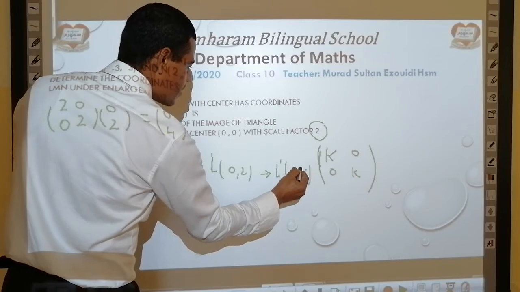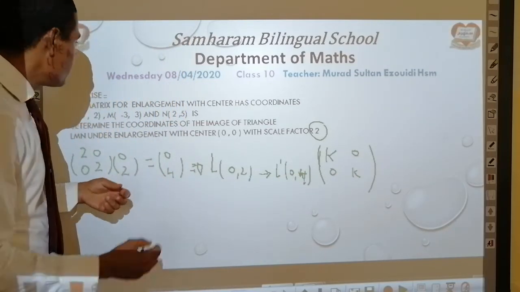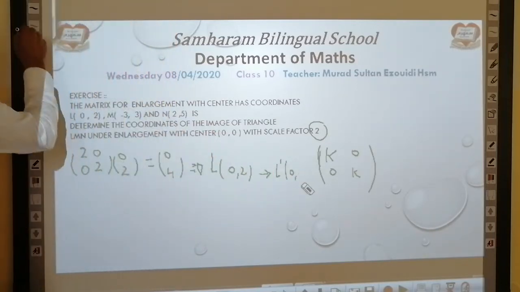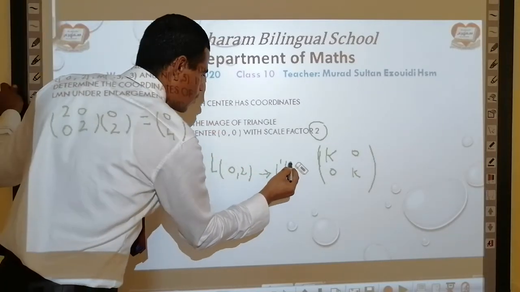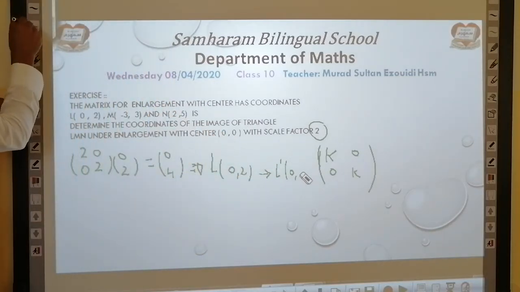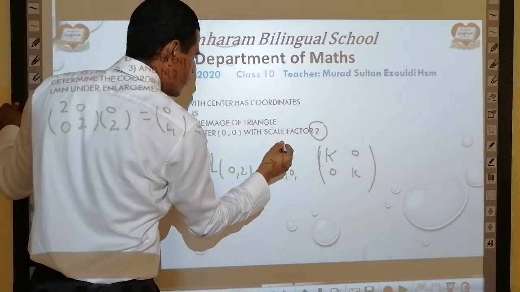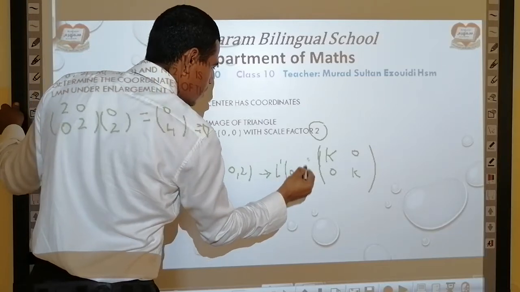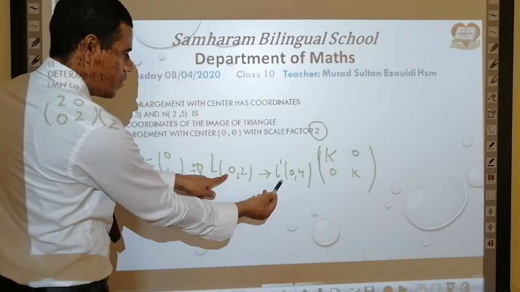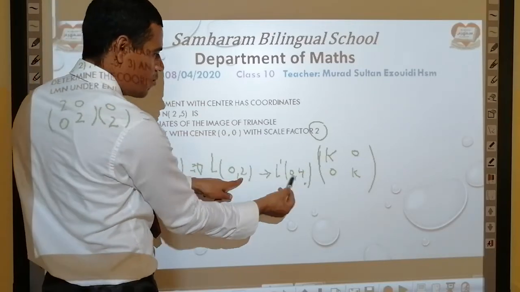Means that you multiply 0 by 2, it will be 0. Then 2 by 2, it will be 4.